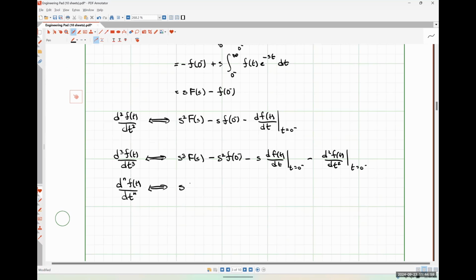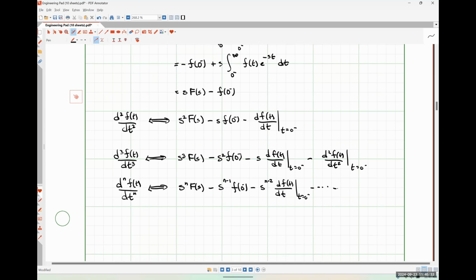Which is just going to look like s to the nth power times F of s minus s to the n minus 1 power times f of 0 minus, minus s to the n minus 2 times the first derivative. Sorry, this should be df of t dt evaluated at t is equal to 0 minus.